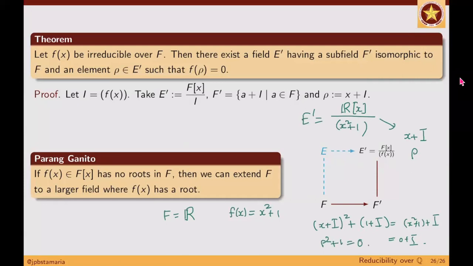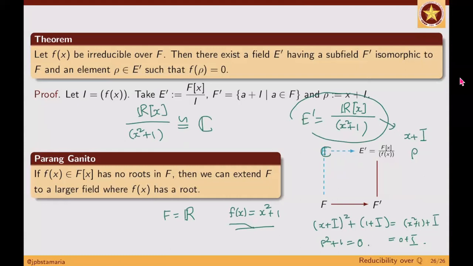So nakahanap ka ng element na root ng f of x na wala sa R. In fact, nandito. Pero naalala nyo last meeting when we were talking about homomorphisms, nalaman nyo na itong field na ito actually is isomorphic to C. We did this. Kaya sa case nun, ito yung C.